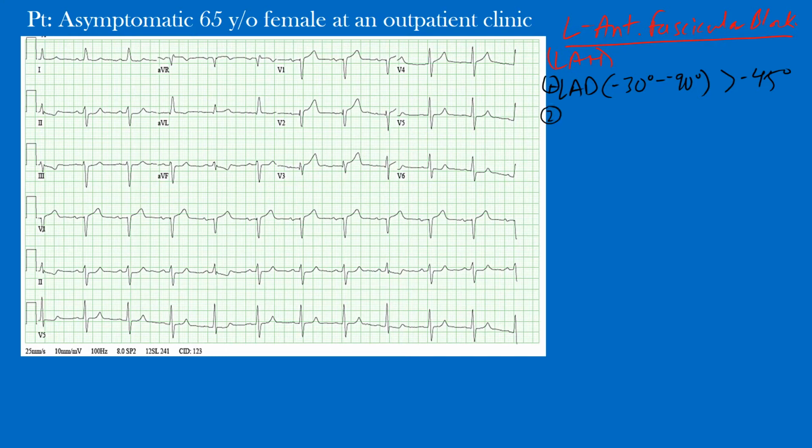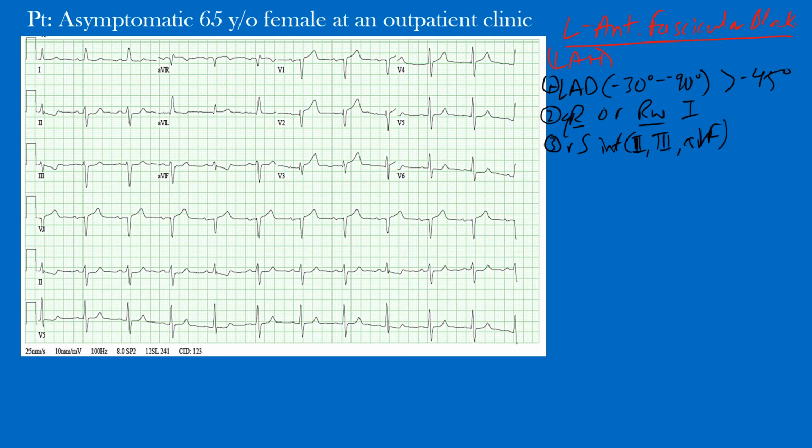Then the second thing we can see is a Qr complex or an R wave in lead 1. So a small Q wave and a large R wave. The third thing is we can see an RS complex in the inferior leads, which are 2, 3, and AVF.